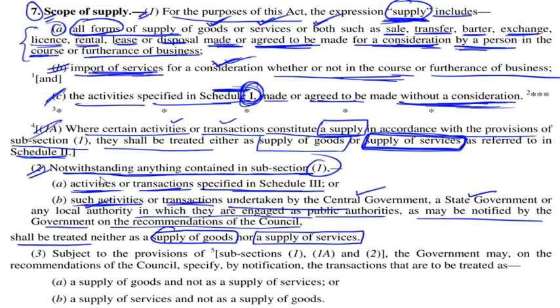So, activities specified in Schedule 3 are neither supply of goods nor supply of services.